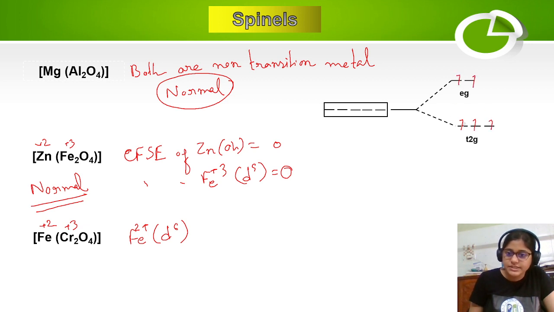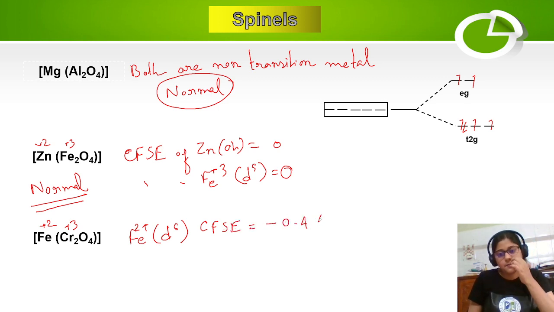Because O2- is a weak field ligand. So the CFSE will be minus 0.4. You calculate it, you will find out minus 0.4. We will only take the 0.4 for the comparison. And now Cr3+ means d3 system.